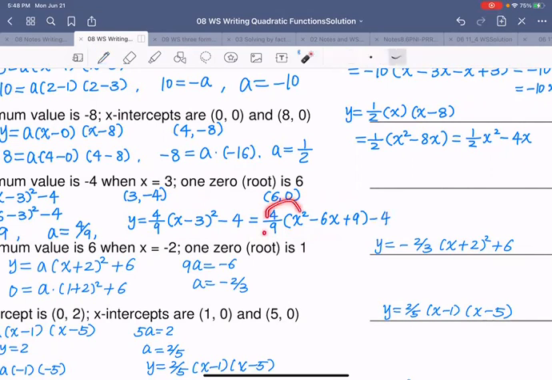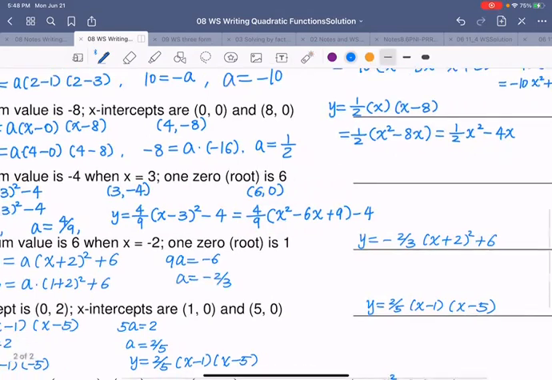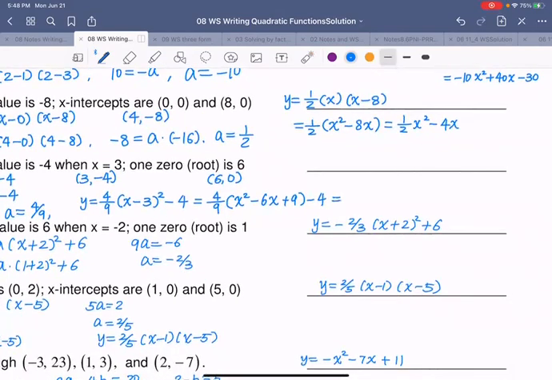Go ahead, do those. 4 over 9 x squared minus 24 over 9 x plus 36 over 9, which is 4, since 9 and 9 cancel, correct?